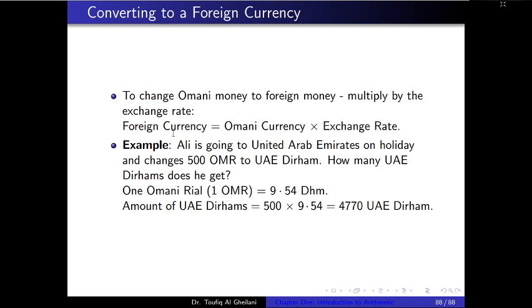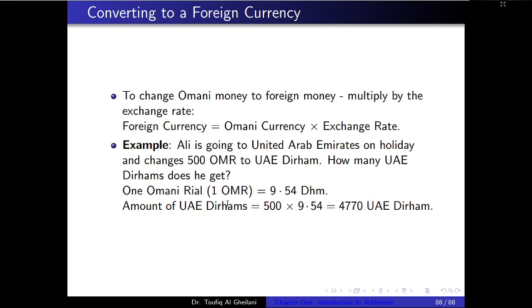To change Omani riyals to foreign currency, we multiply the Omani riyals by the exchange rate. For example, Ali is going to the United Arab Emirates on holiday and changes 500 Omani riyals to United Arab Emirates dirhams. How many dirhams does he get?